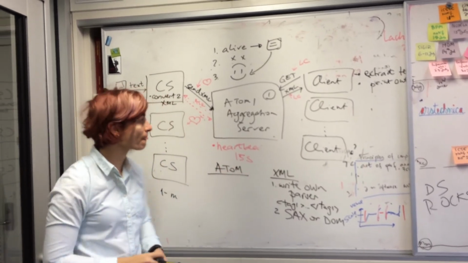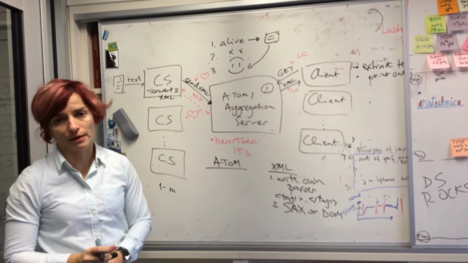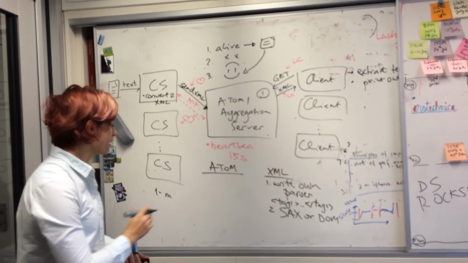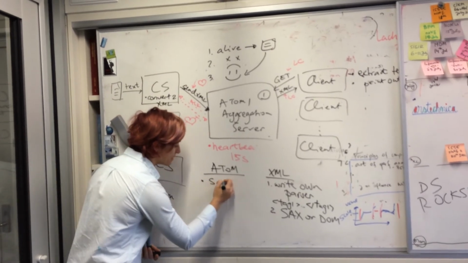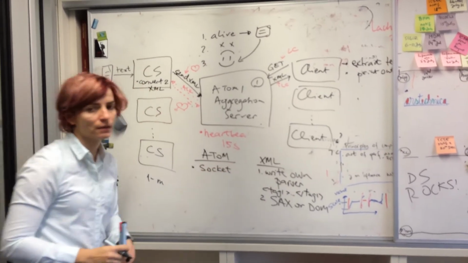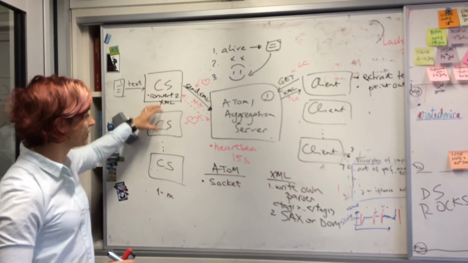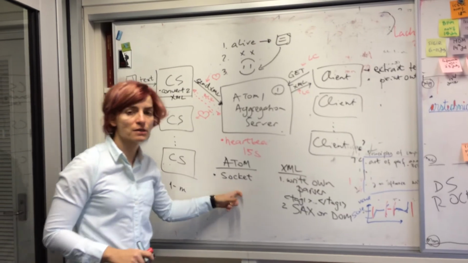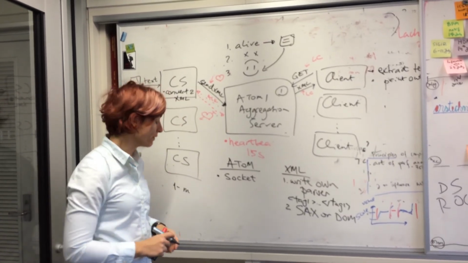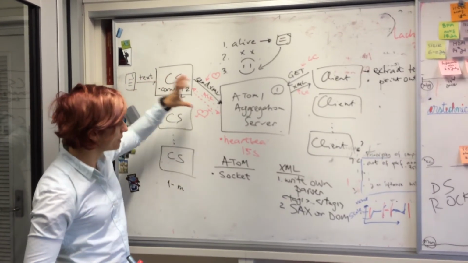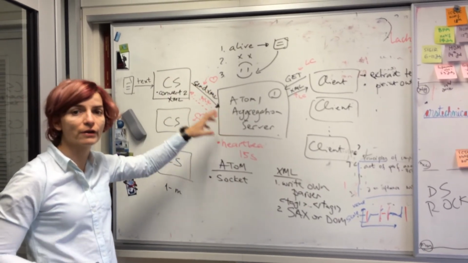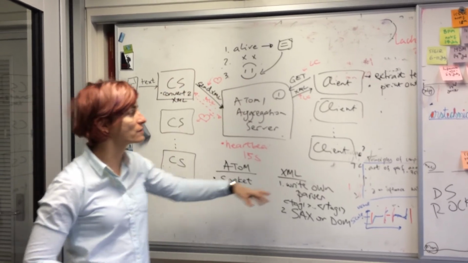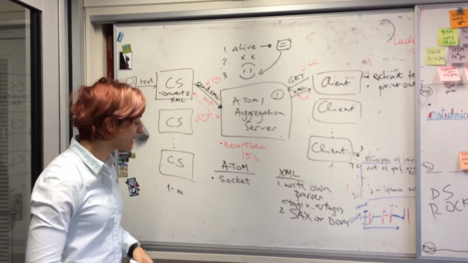When we set this assignment, we hadn't looked at Java for a while, and we had thought of this as a basic socket implementation, in the sense that all of the client connections and all of the content server connections will be socket connections to your aggregation server. This means, of course, that you have to set up a thread pool at the aggregation server. You have to have a multi-threaded implementation for both the content server and the client connections.